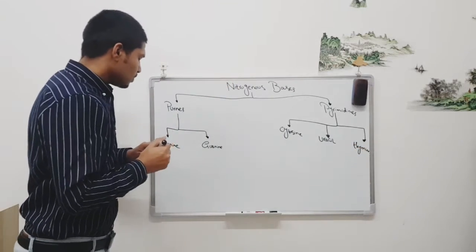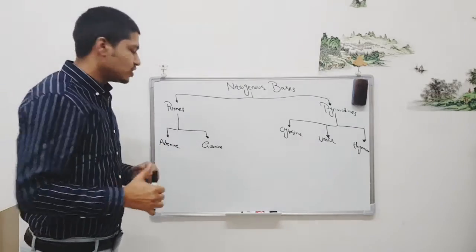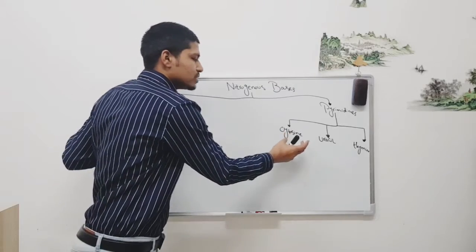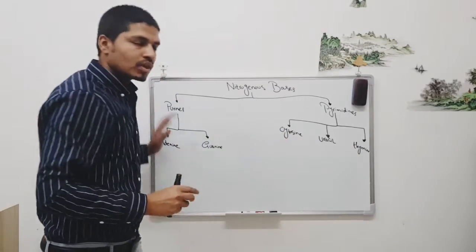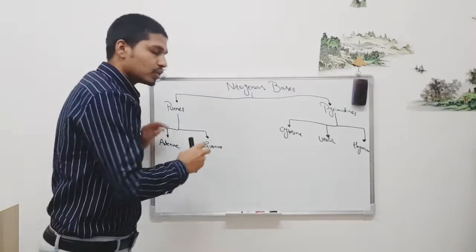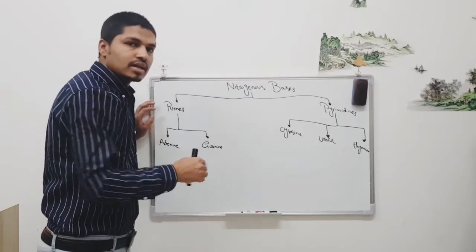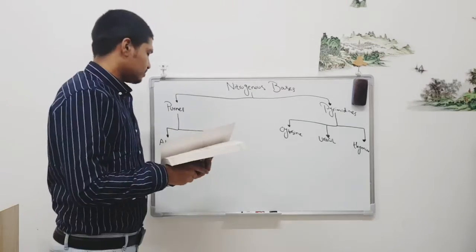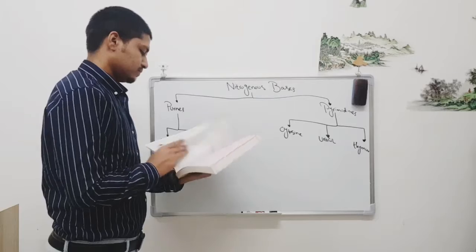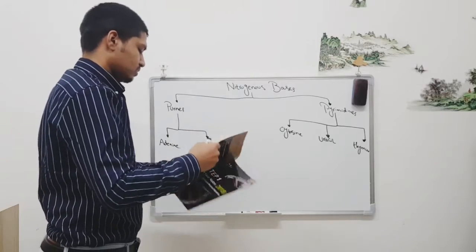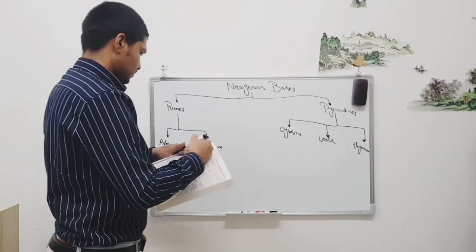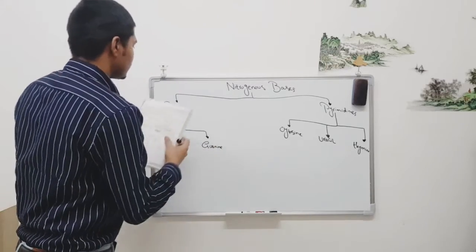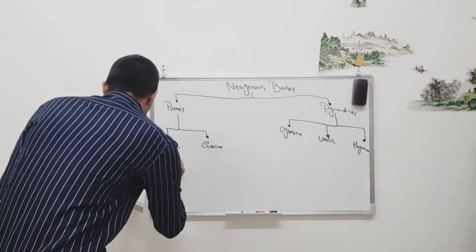Okay, so now how can you differentiate between adenine and guanine, and how can you differentiate between cytosine, uracil and thymine? To understand this, I would like to draw the structures of these components, and then you can understand it in a better way. So I will take help of my book. First we will discuss adenine and guanine. Let me draw the structures.